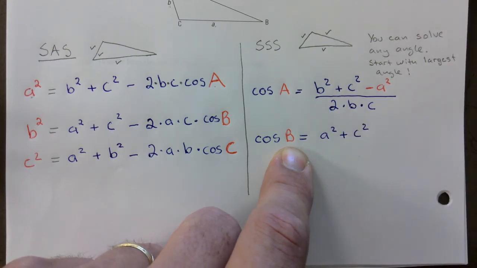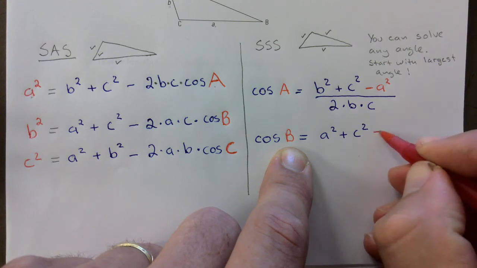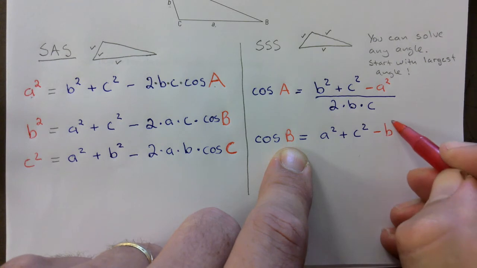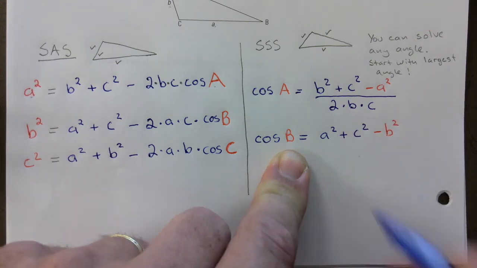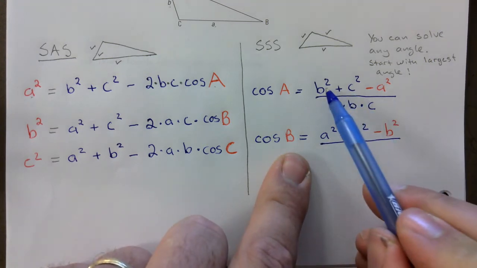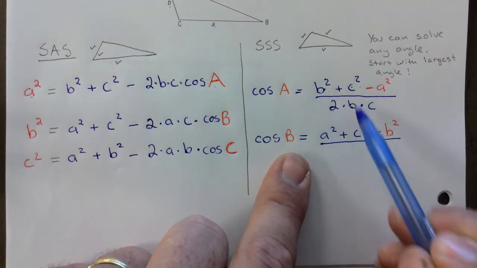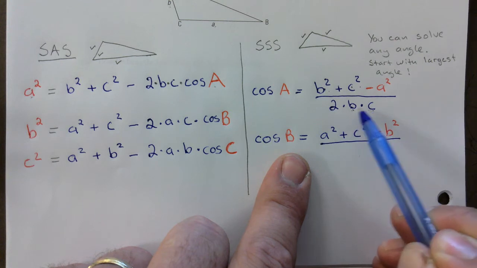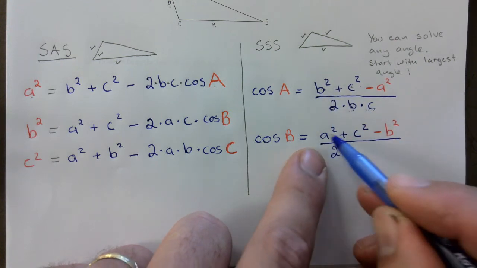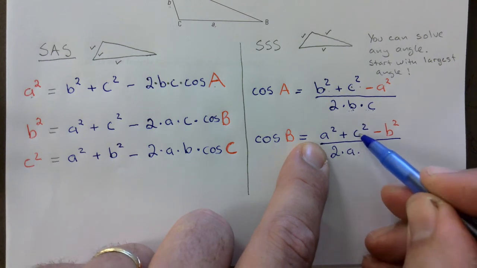And now I'm switching colors. What's going to come over here? Minus b squared, side B that is, all over. Notice that before we had B and C here, and then it came back down here, 2 times B times C, see that? So this is going to be 2 times A times C.